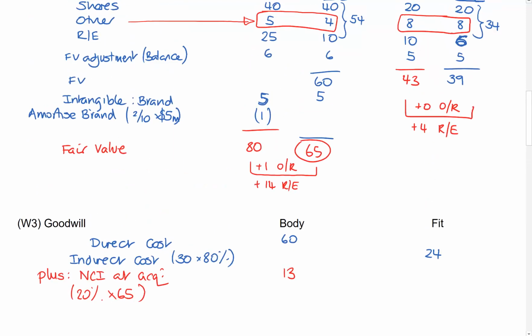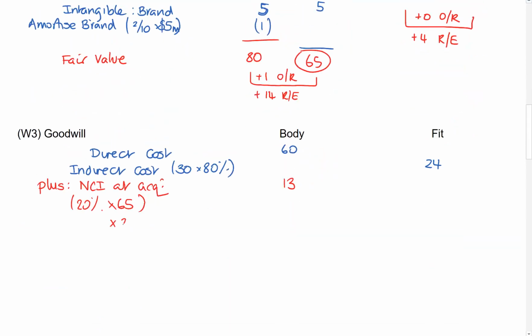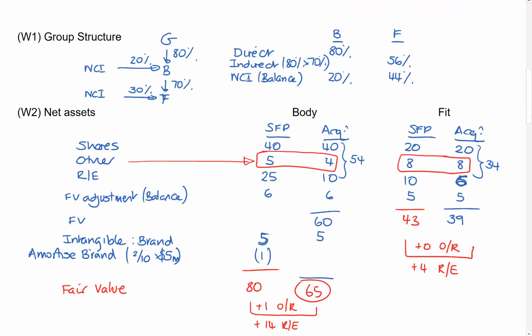If we now take a look at FIT, at the acquisition date, the net assets of FIT are 39. What proportion are you going to give to the NCI? Go to your matrix, and it's 44%.